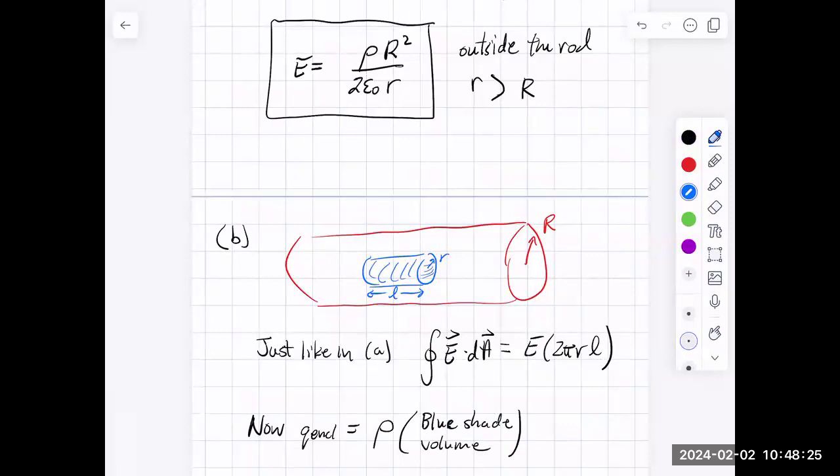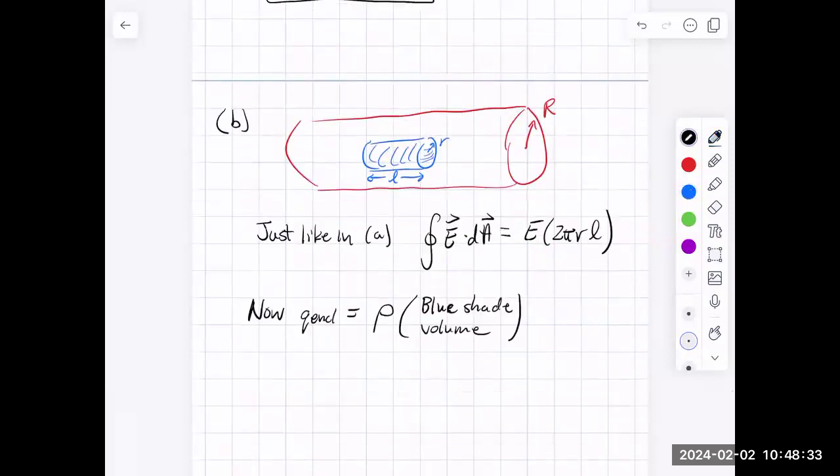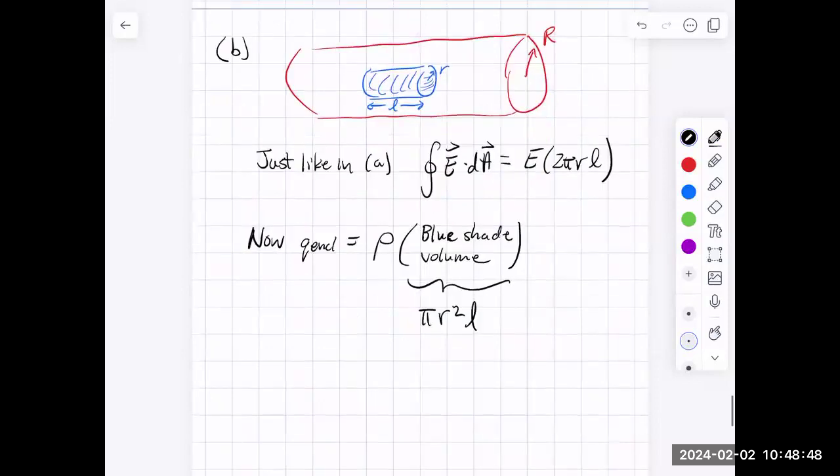And so the blue shaded volume is smaller than the red shaded volume. The blue shaded volume is still a cylinder. So this time it's going to be pi, this time it is little r squared, because our blue surface has radius little r, times L. And so Q enclosed is equal to rho pi little r squared times L.